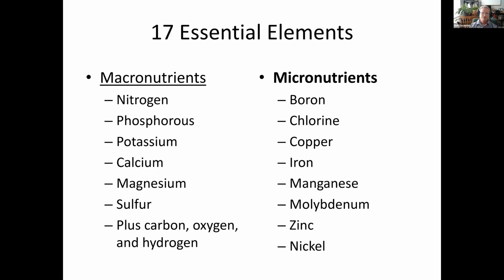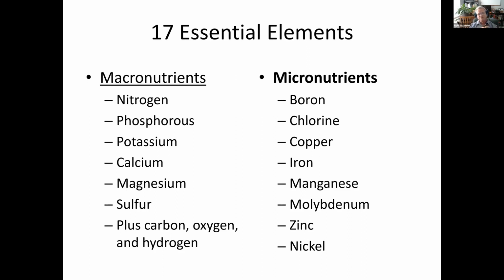Urban trees may be growing in soils that do not contain sufficient available elements for their growth and development. Well, exactly what are these elements? So there are some that are needed in relatively large amounts and those that are needed in smaller amounts. So macro means large or the big picture. Micro means the small amounts or the small picture. Here, macronutrients, our largest one is nitrogen, followed by phosphorus, potassium, calcium, manganese, sulfur.